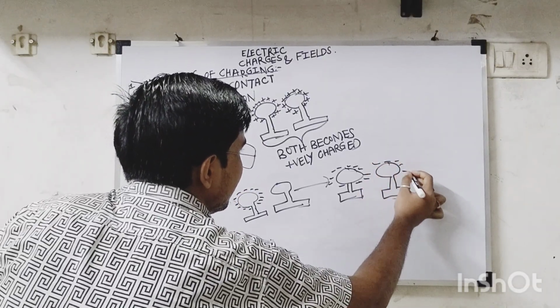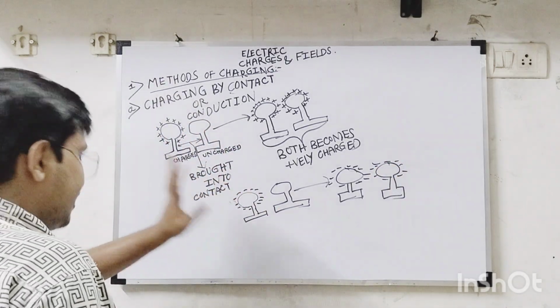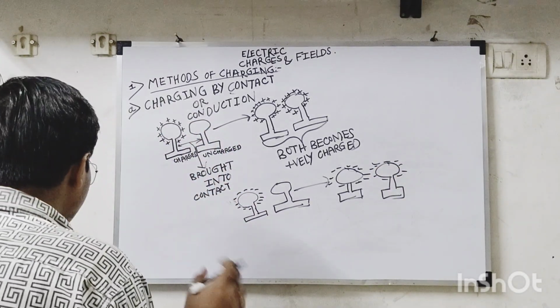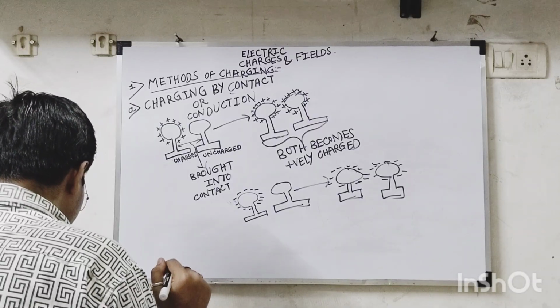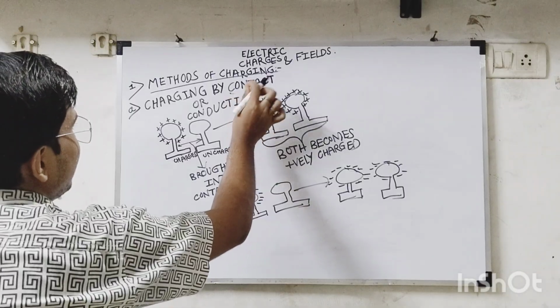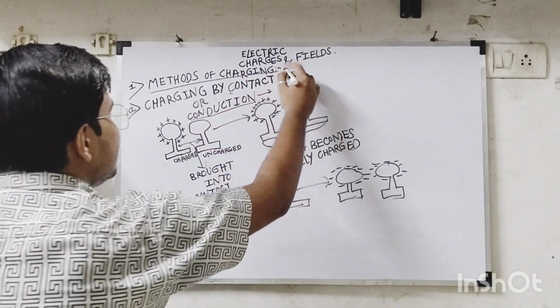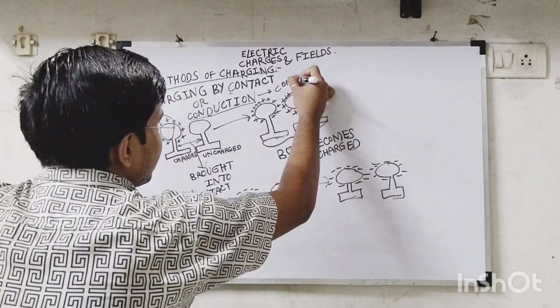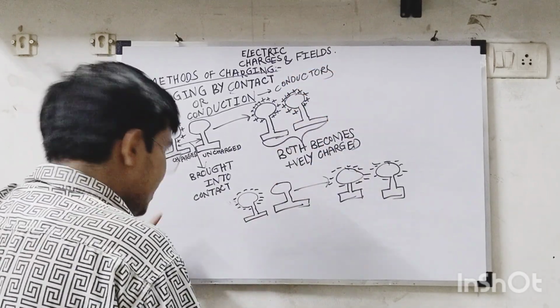Students, anything I can call you. So the charge, whether positive or negative, under its own repulsion will spread over both the conductors. It will happen only in the case of conductors, not in the case of insulators.